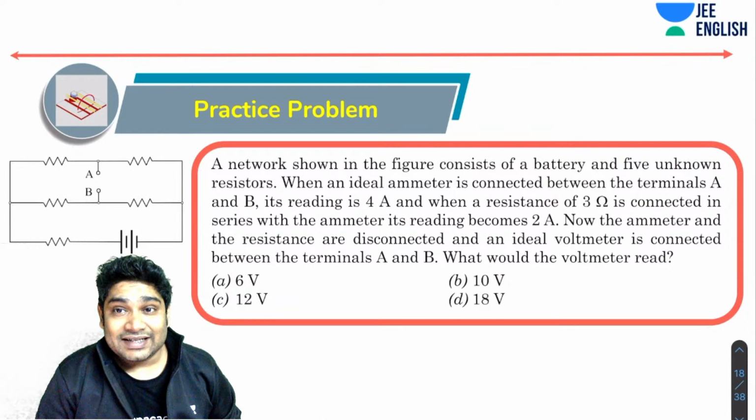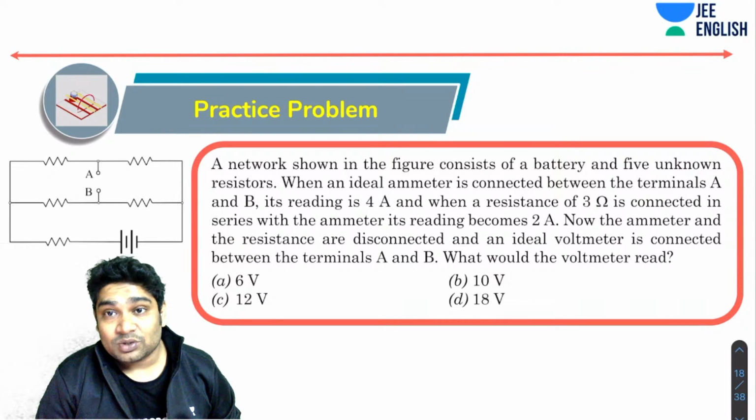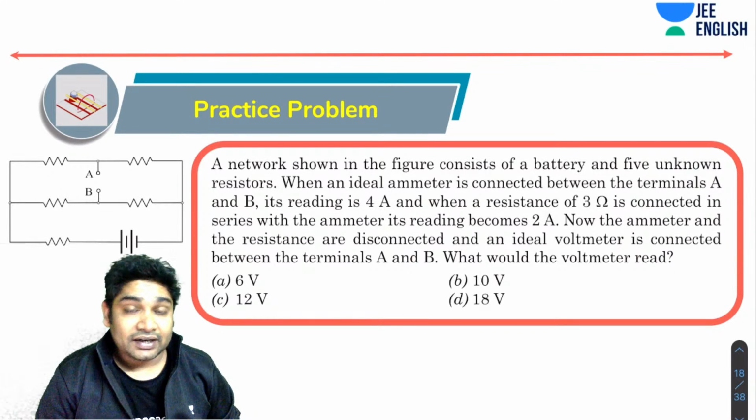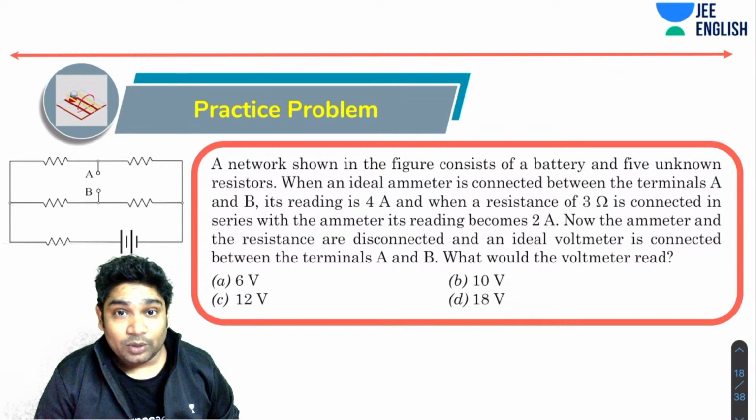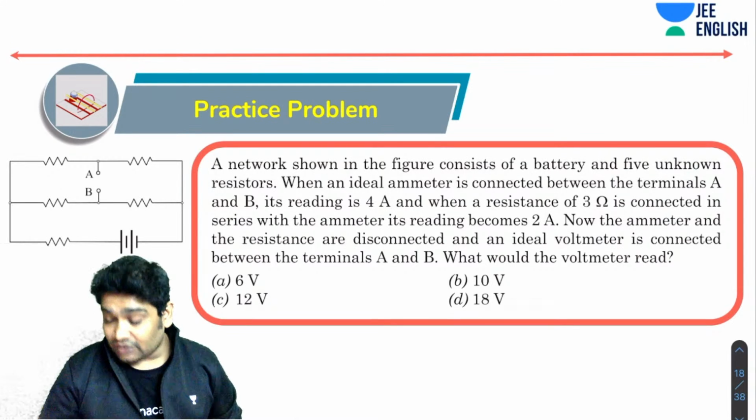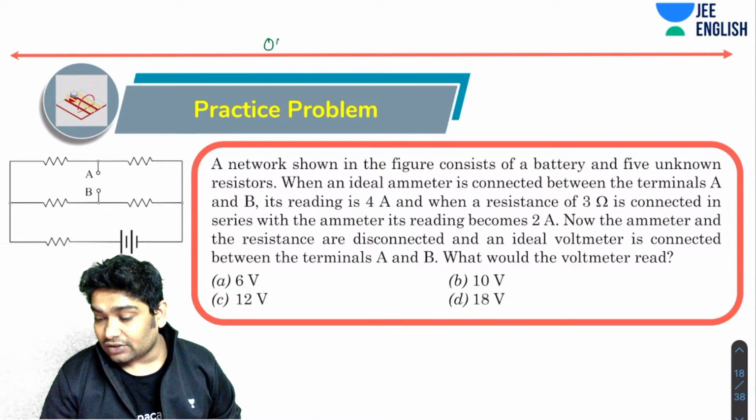And when a resistance of 3 ohm is connected in series with the ammeter, its reading becomes 2 amperes. Now you've been told the ammeter and the resistance are disconnected and an ideal voltmeter is connected between the terminals A and B. So what would the voltmeter read? This is an Olympiad level question actually.